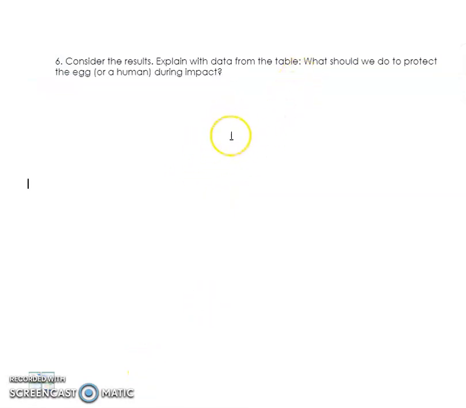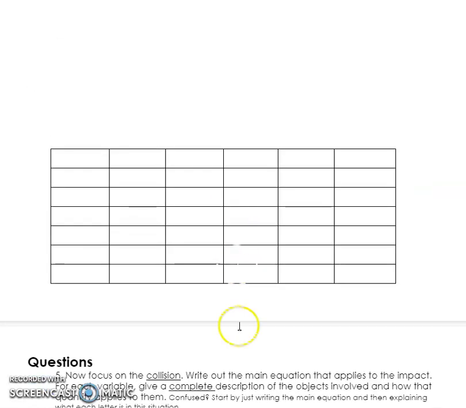And you're going to speak in terms of these 4 variables here with the equal sign right here. Ft equals m delta v. Talk about how we protect the egg in terms of the force, the time, the mass, and the change in velocity.